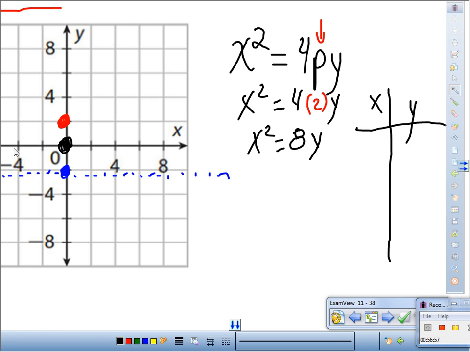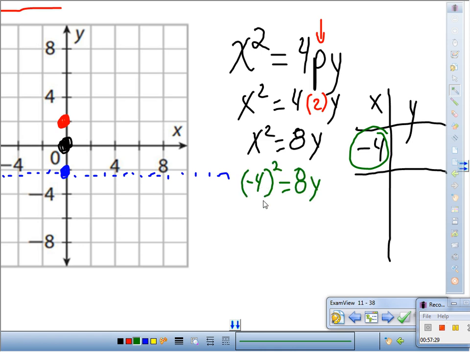However, I'm going to move it 1 over and start with -4. Yeah? All right, so let's substitute -4. Instead of x, what am I going to substitute? Everyone? -4. So it's -4 squared equals 8y.